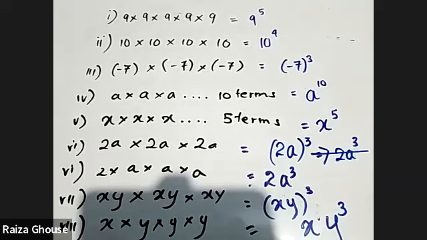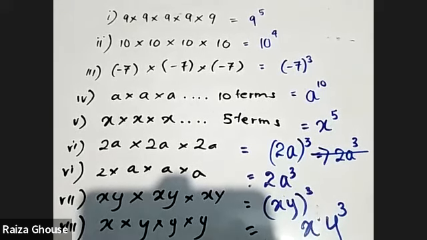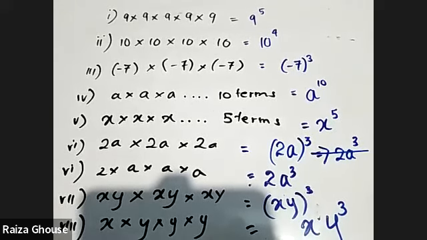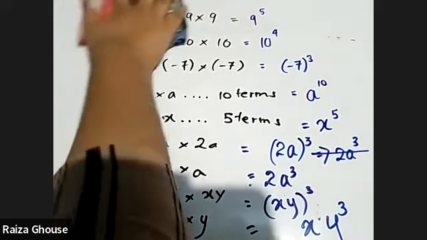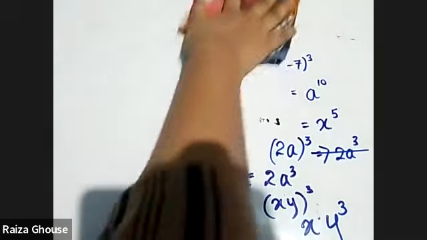Now write down the next question. Expand and write down in index notation. Now I'm going to give the other way around. I'm going to give you the index notation. You have to write the expanded form. Now it's easy for you.